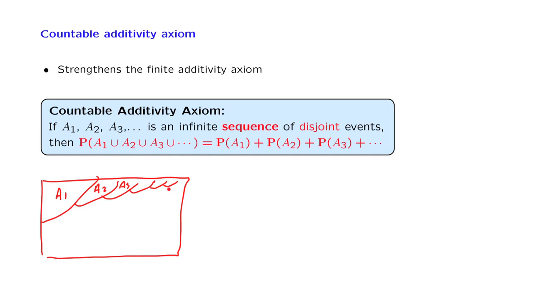Then the probability of the union of these infinitely many events is the sum of their individual probabilities. The key word here is the word sequence. Namely, these events, these sets that we're dealing with, can be arranged so that we can talk about the first event, A1, the second event, A2, the third one, A3, and so on.